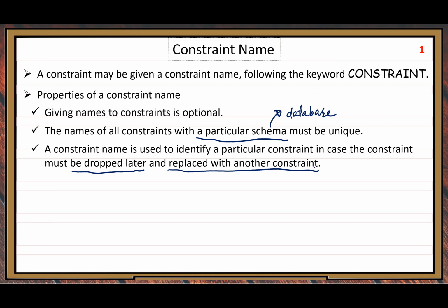But I also mentioned last time, if we do not give it a name but later we want to drop it, it is possible. There is no name, but it is not convenient to drop it. Remember, it is not convenient because there is no name. That means if you want to write a SQL statement to drop it, it's hard. No reference, right?